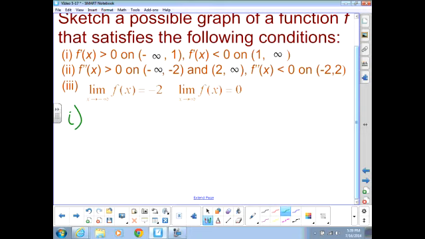Well, if the first derivative is greater than 0, it means the first derivative is positive. If the first derivative is positive, it means the function is increasing. So this means we know it has to be increasing from negative infinity to 1. And over on the right, that next section needs to be less than 0, so that means it's going to be decreasing from 1 to infinity.